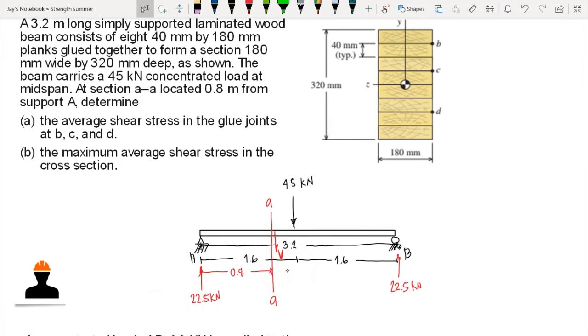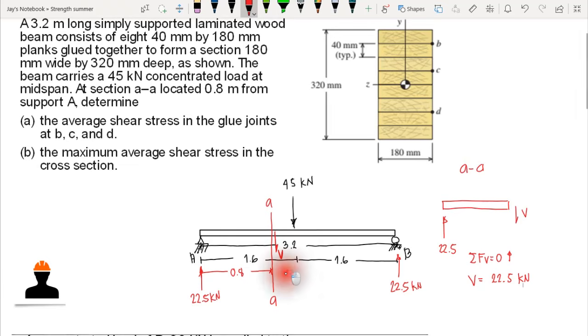If we cut that section AA, we have at A that is 22.5, then we have shear force here, then we can just sum up vertical forces equal to 0, then we could have our V that is also equal to 22.5 kilonewton.